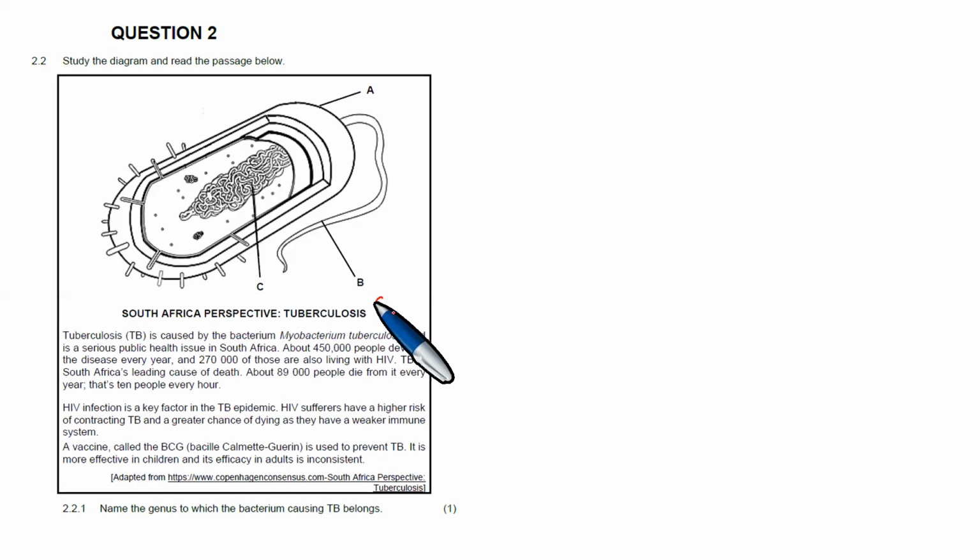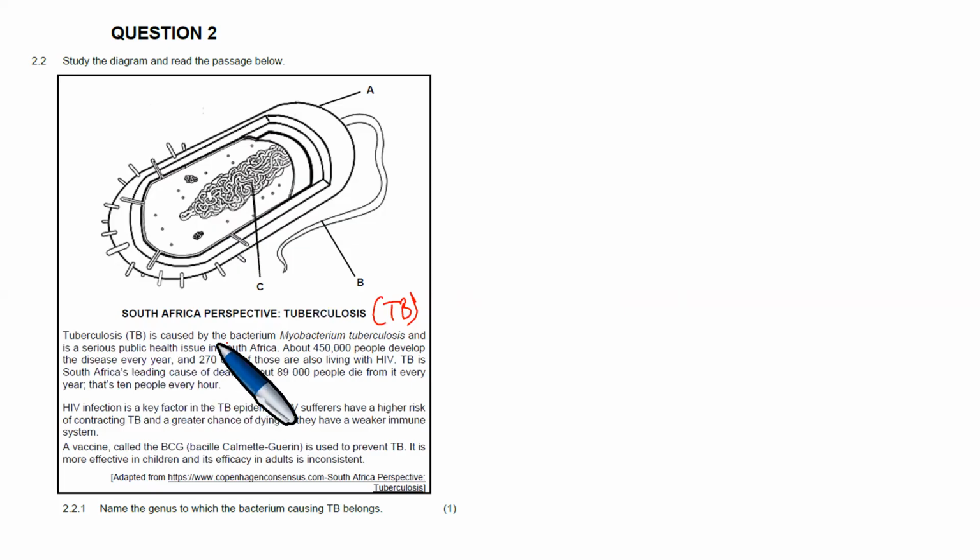Sometimes you just find somebody coughing, because coughing is a symptom. Not everybody who is coughing has TB, but some people cough because they have tuberculosis. So start with the diagram and read the passage below. Here's the diagram, and now we're going to read the passage below.